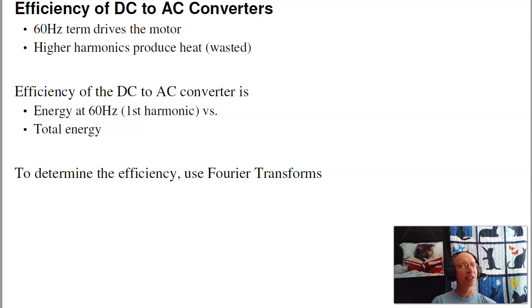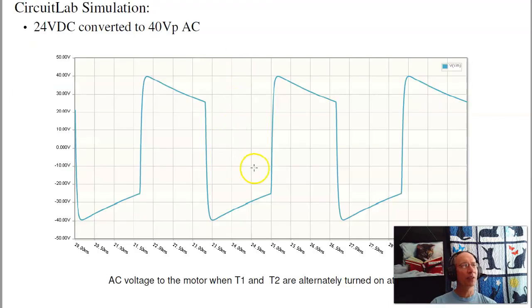That's when it actually does work, makes the motor spin, versus the total energy. I'd like all the energy to be in the first harmonic, meaning a sine wave coming out. If it's not a sine wave, meaning Fourier transforms, that tells you right away that it has harmonics. All those harmonics are wasted energy. The efficiency is how much energy is in the first harmonic versus the total energy.